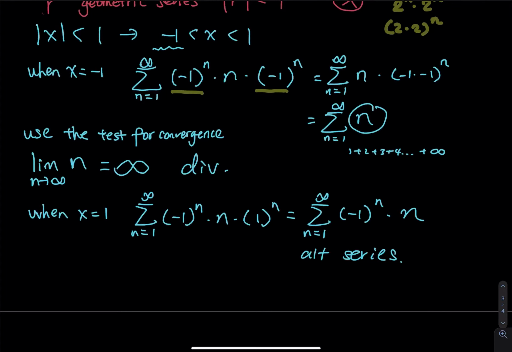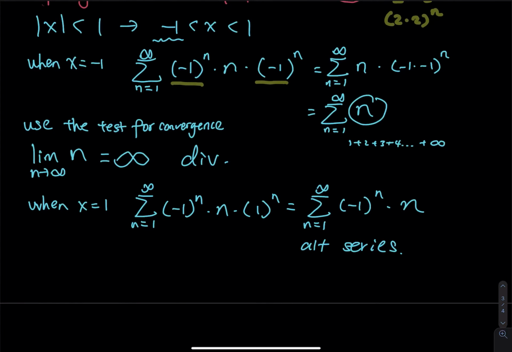So this time we have to check the b_n plus 1 and the b_n. So when n is equal to 1, the b_n is just n, and then the b_n plus 1 is equal to n plus 1. So when n is equal to 1, can we prove that b_n plus 1 is less than or equal to b_n? So when n is equal to 1, this is 2, this is less than or equal to 1. So it looks like this is not true.